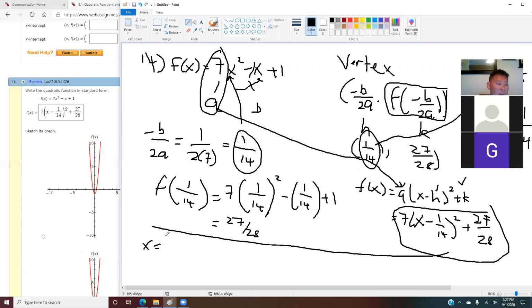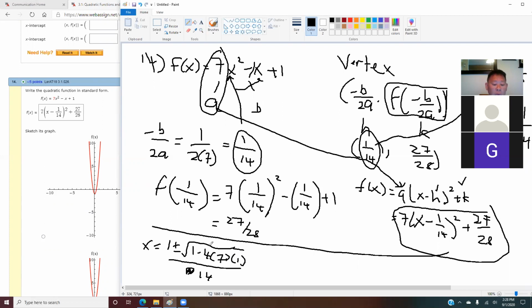So let's find the x-intercept here. It's negative b, so negative 1, plus or minus the square root of 1 minus 4 times a is 7, and c is 1, all over 2a. 2 times 7 is 14.